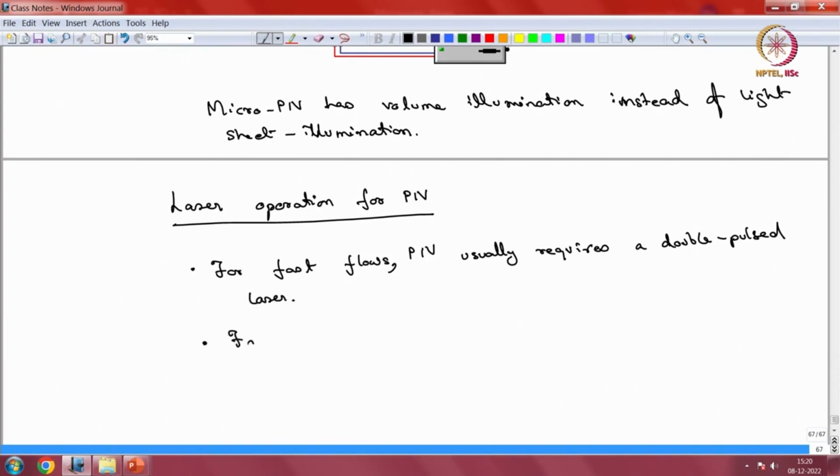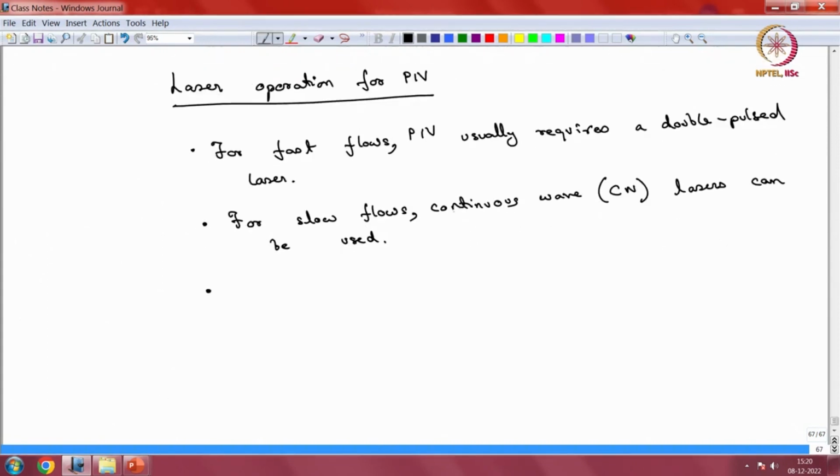For slow flows, on the other hand, and slow is obviously a relative term, and you have to watch out for what is slow in your particular case, continuous wave lasers, also called CW lasers, can be used. So if you are planning to set up an experiment, you have to be careful in selecting the laser because it depends on the kind of flow.